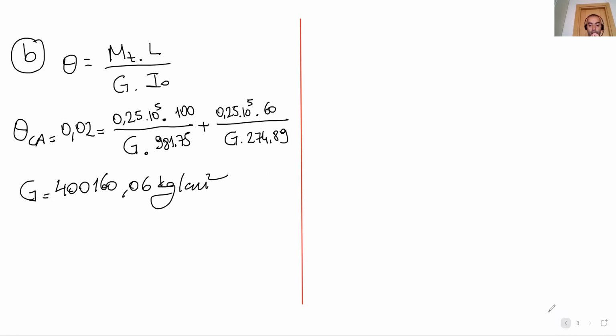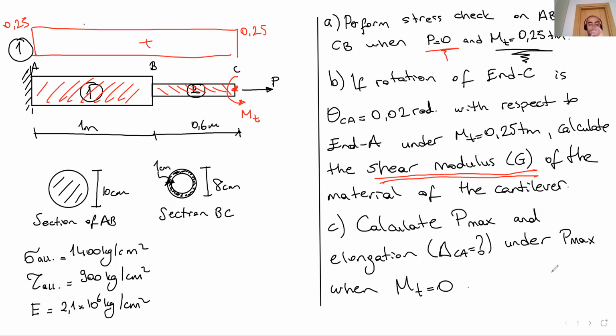Let's have a look at the sketch again, given in the question. MT is 0. That means there is no torsional moment. There is only axial force, which is tension. So it's easy. Just a second. I'm going to do one more thing.